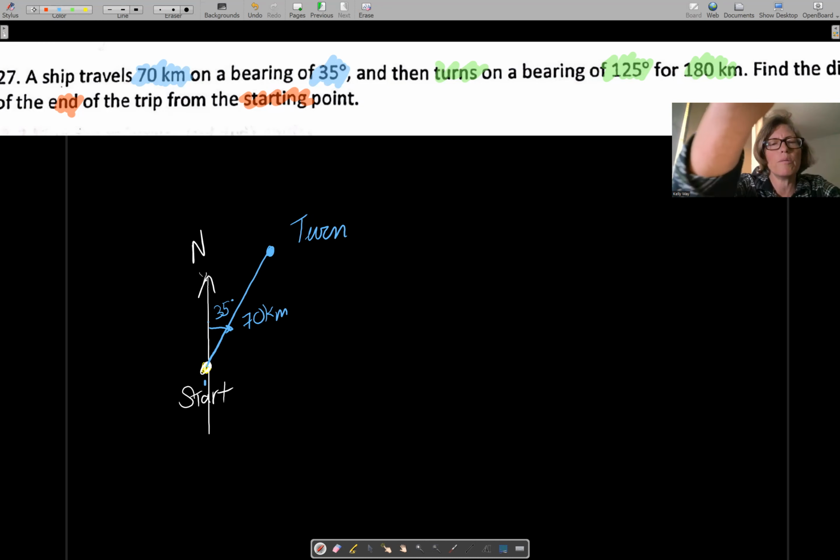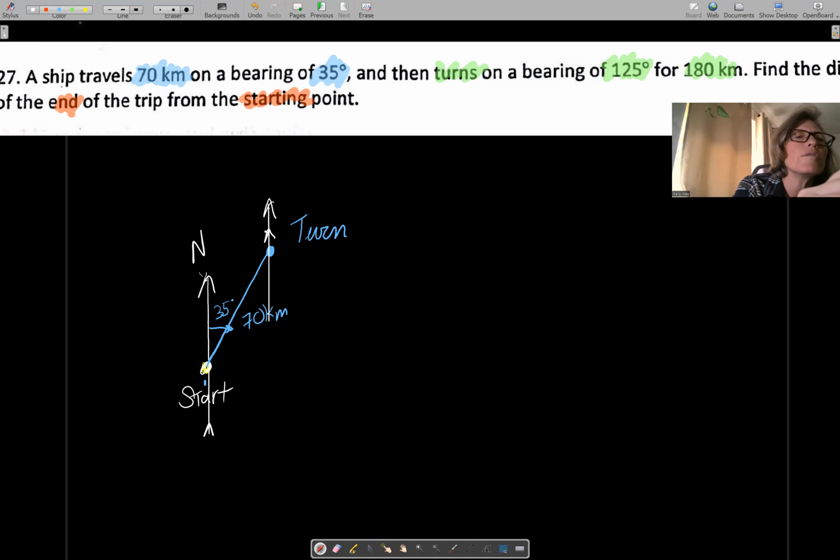And at this point, we take a turn. So at that turn point, again, we draw a north bearing. We'll make your little notation. These are parallel to each other. That's going to come into play. And it turns on a bearing of 125. So that's going around like this. 125. A little past 90, 125.